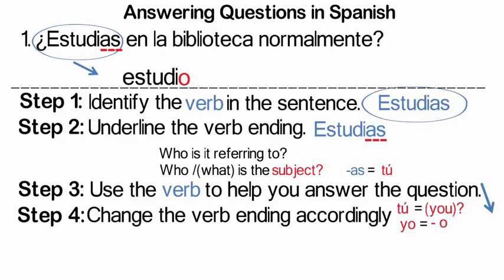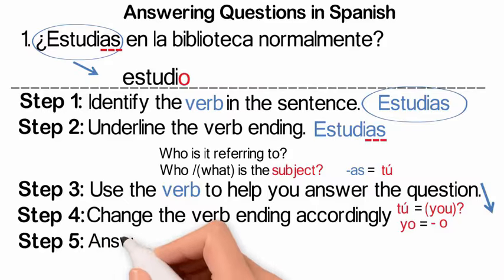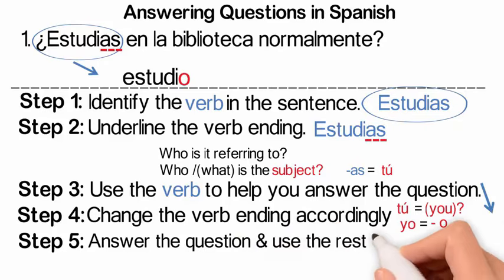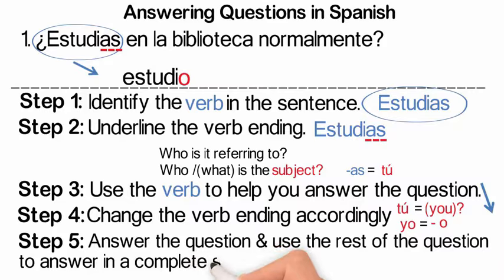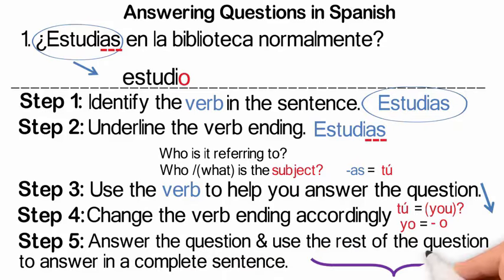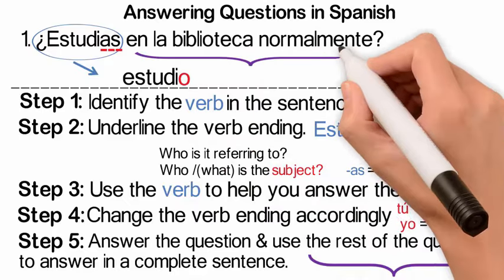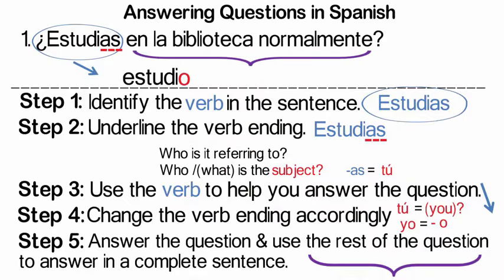And now that you have the most important part of your answer down, your verb with the appropriate ending, you can now go to step 5, making sure that you answer the question. If it requires you to answer with a yes or no, such as this example does, then answer the question with sí or no. And then use the rest of the information in the question to help you write your answer in a complete sentence.